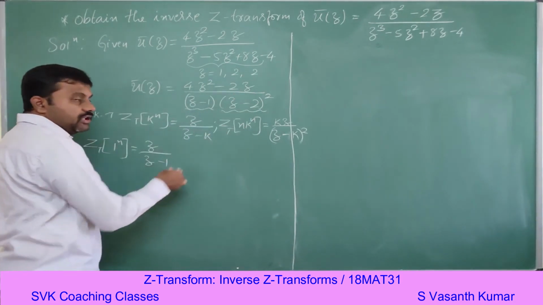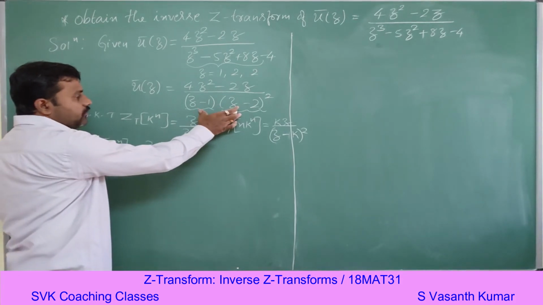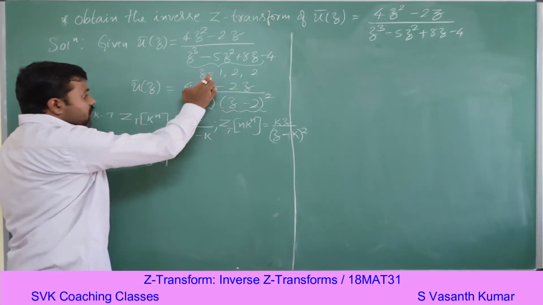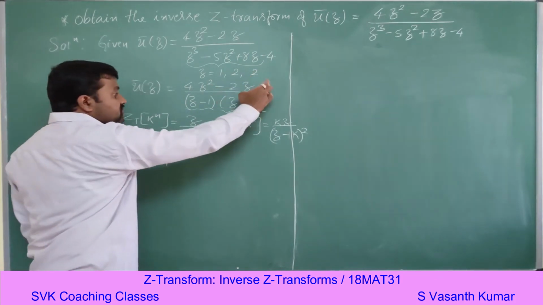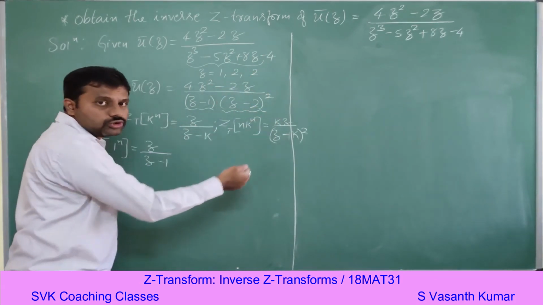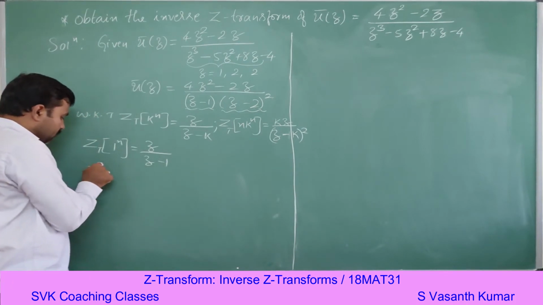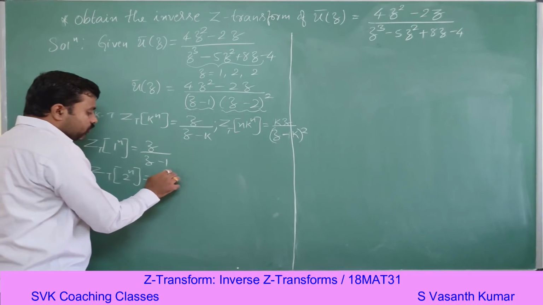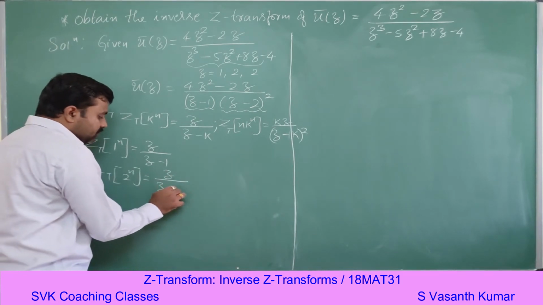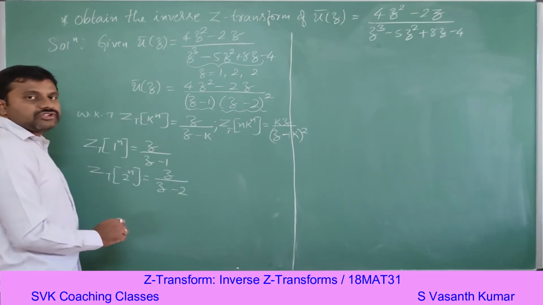To get z minus 2, if you resolve this by partial fraction, what are you going to get? A by z minus 1 plus b by z minus 2 plus c by z minus 2 the whole square, right? So therefore, I can find now the z transform of 2 power n. Z transform of 2 power n is z by z minus 2.